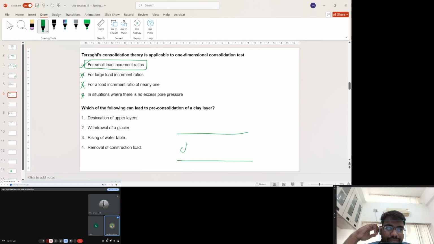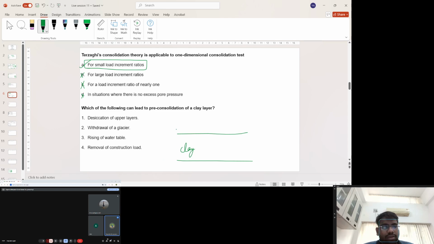All right. Yes, sir. Now let us consider the two options which you both have mentioned. One is withdrawal of glacier and removal of construction load. These two, but whatever you said was exact opposite of that, right?